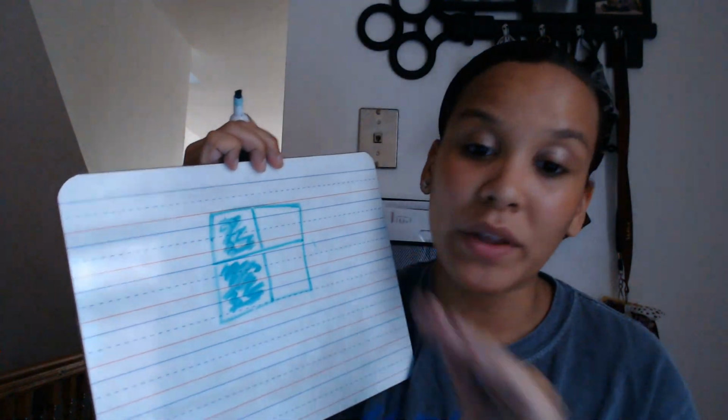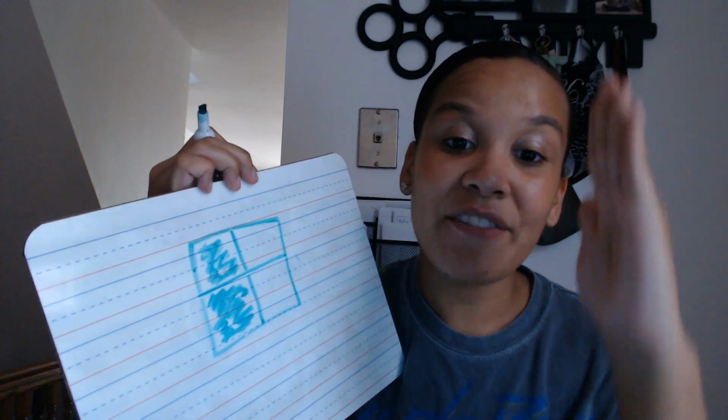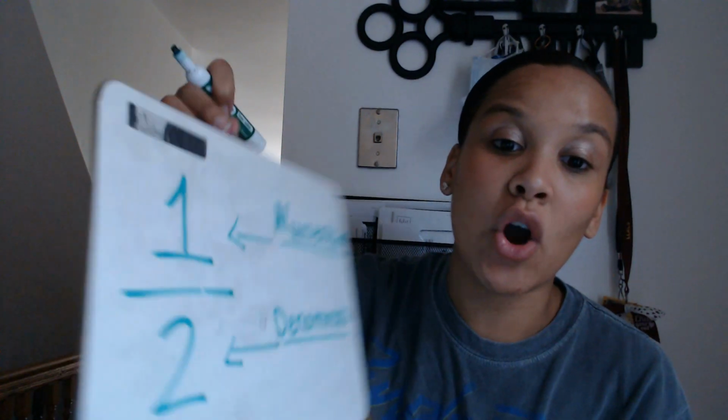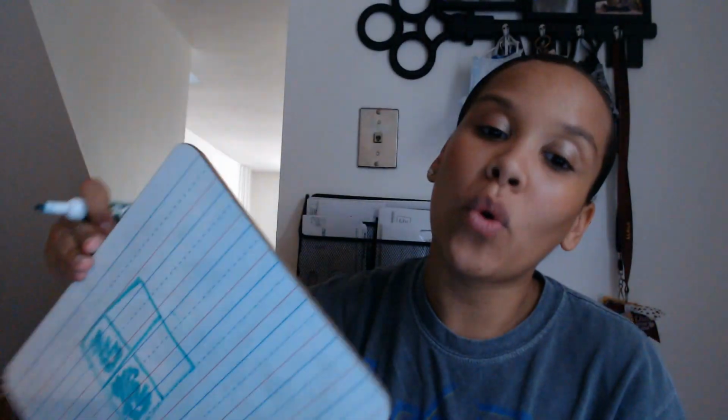So no matter what the shape is, whether it's a triangle, circle, square, if half of the shape is shaded in, we will use the fraction 1/2, or you can just use the other fraction that goes with it to describe the parts and the parts of the whole, but we're not going to get into that today.